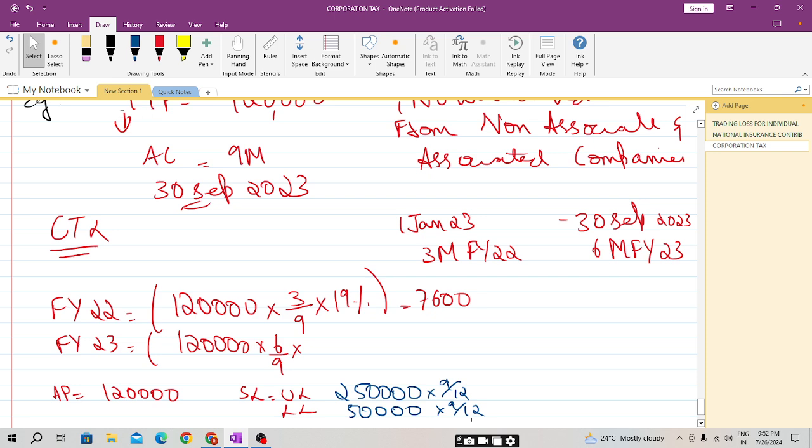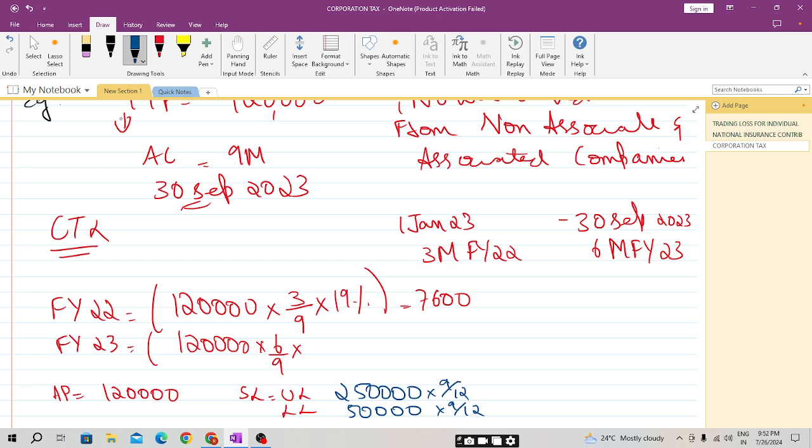Please do try yourself, students. As we know, the statutory limit is for the whole 12 months.